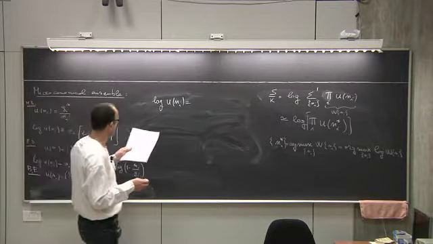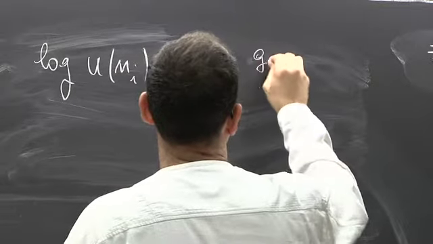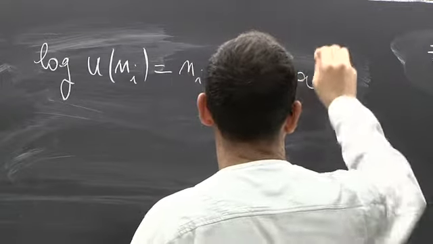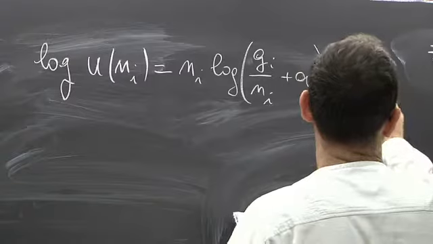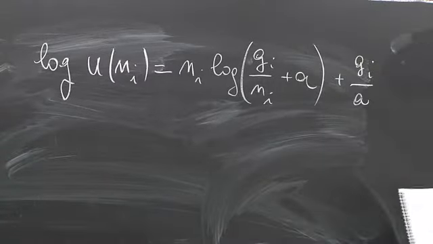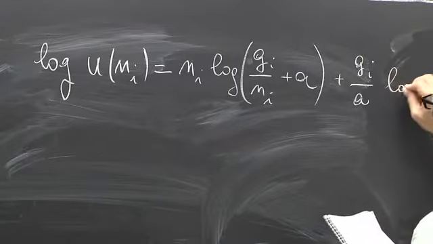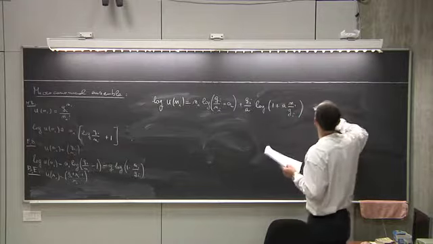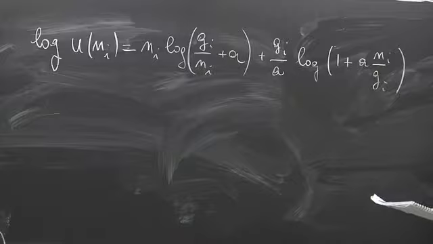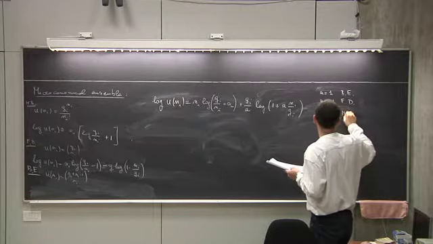where essentially the log of U i is given by Ni times the log of Gi over Ni plus a, plus Gi over a times the log of 1 plus a Ni over Gi, where with a equal to 1 you get Bose-Einstein statistics, a equal to minus 1 you get Fermi-Dirac statistics, and a going to 0 you get Maxwell-Boltzmann statistics.